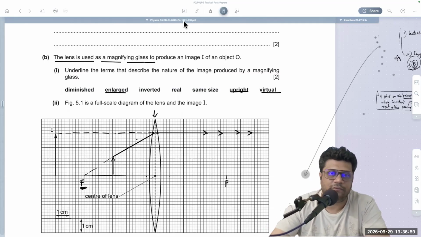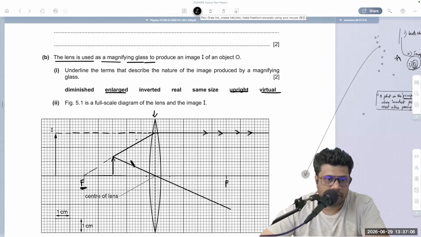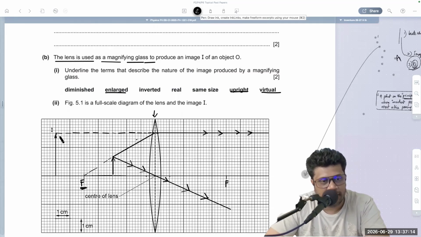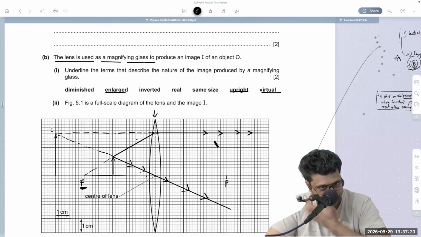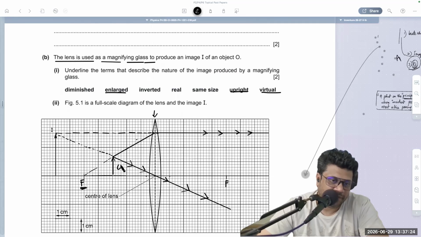And here also, I'm going to make sure that the rays are virtual when they create the image. Well, that's where the object is supposed to be.